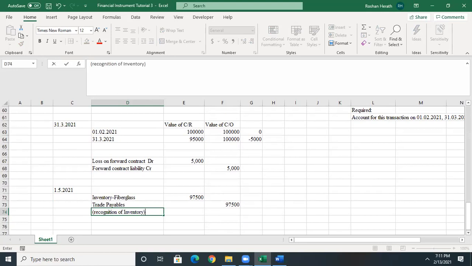So what do you think? At this point, do we need to remeasure our derivative? Do we need to remeasure this derivative on 1st of May 2021?